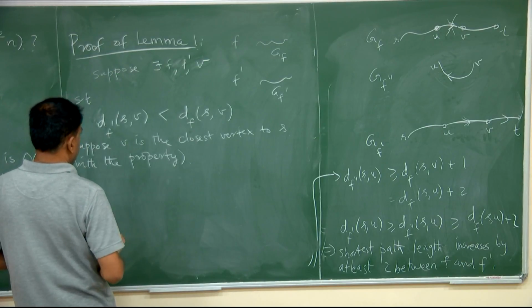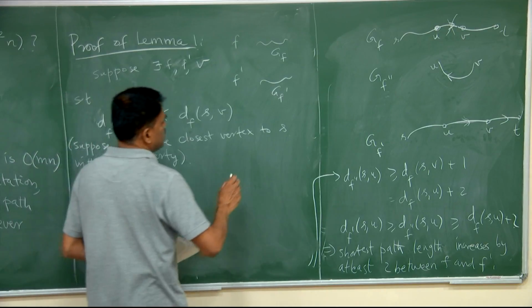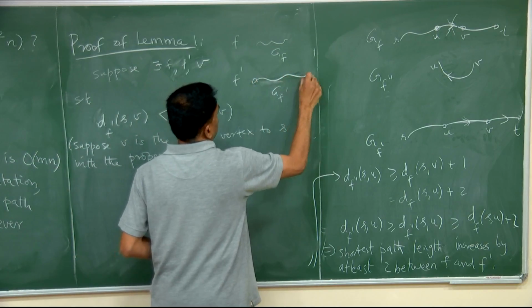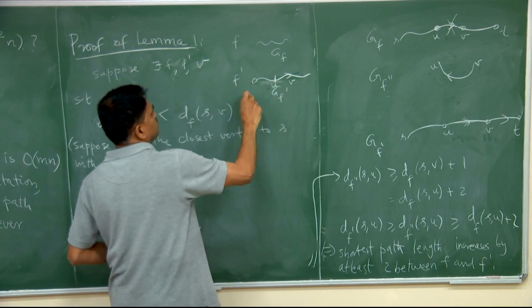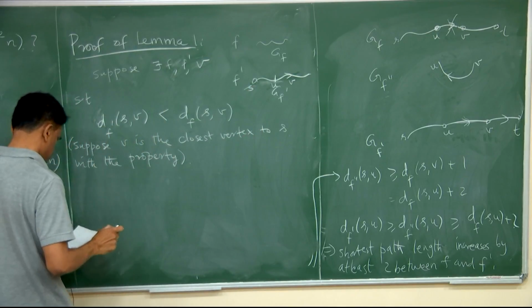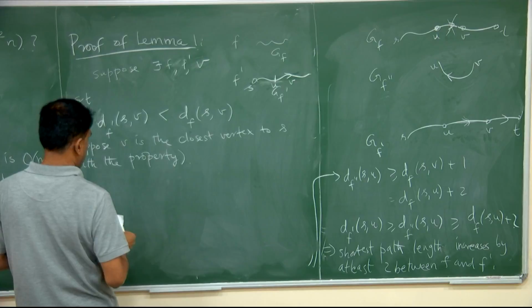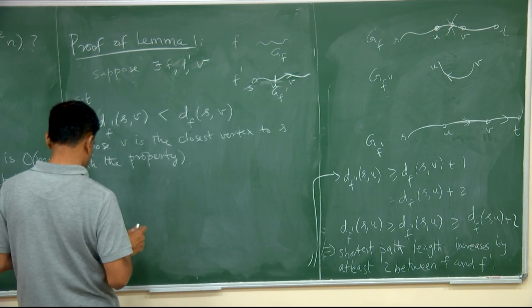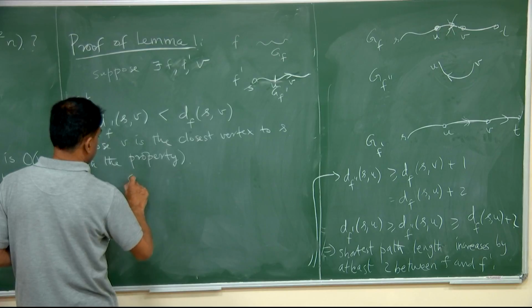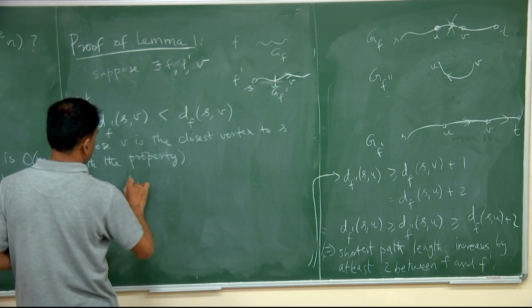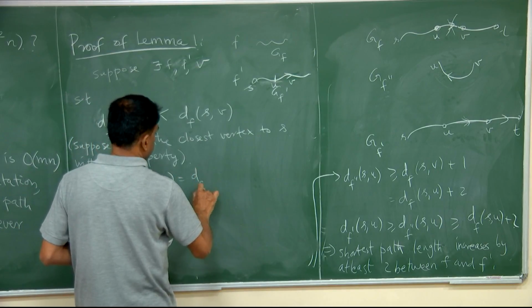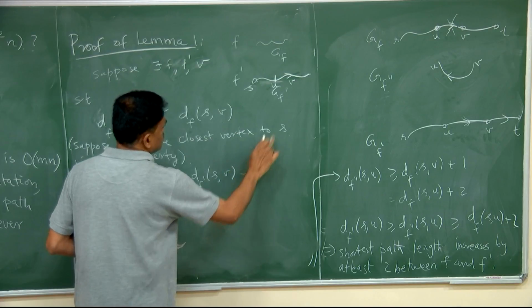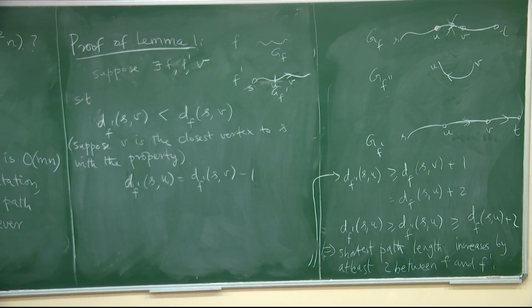Okay, so let's say in GF prime, here is V and maybe the edge before V was from U. U could be S for all I care. So dF prime of SU is equal to dF prime of SV minus 1, since U is the vertex just before V in the shortest path from S to V in GF prime.